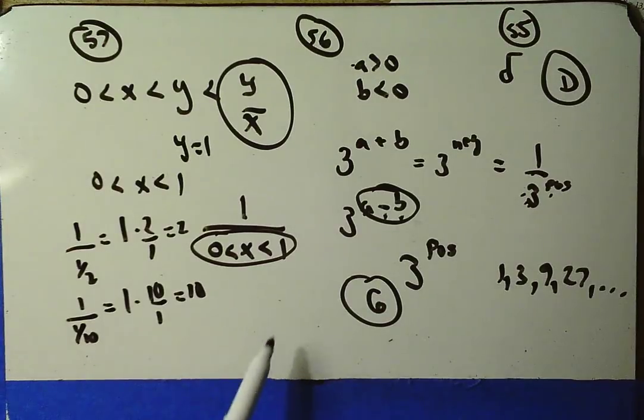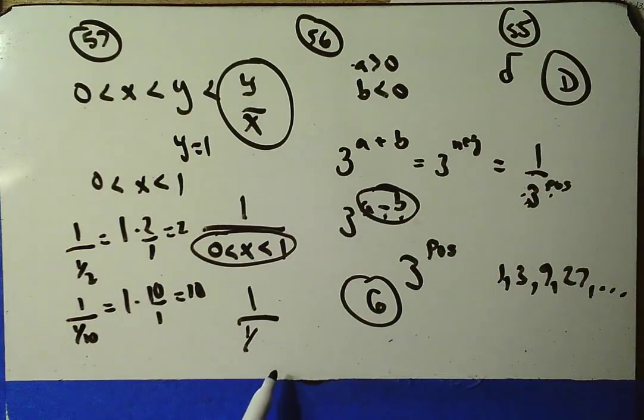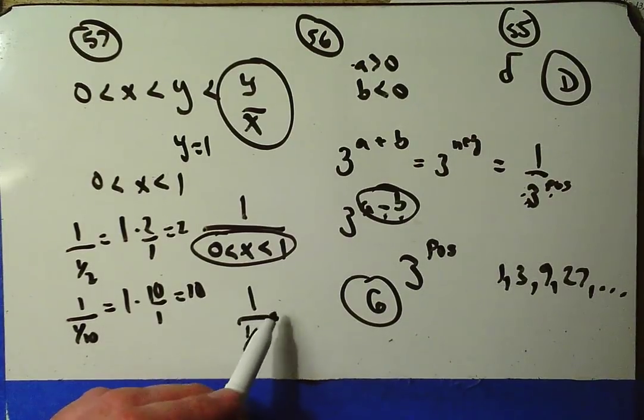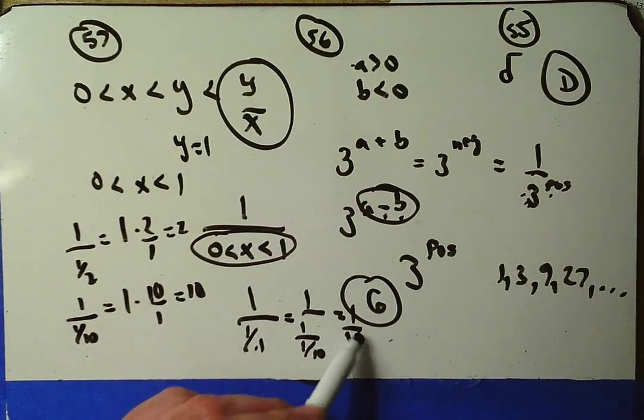I guess it could even be, I have to be less than 1. So how about 0.1? Ooh. So that's going to be the same as 1 over 1/10, or 10.